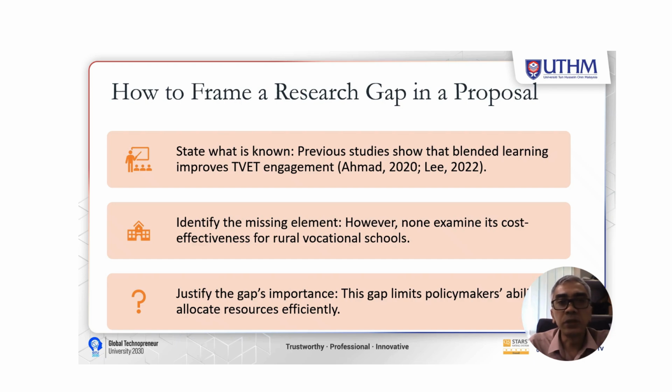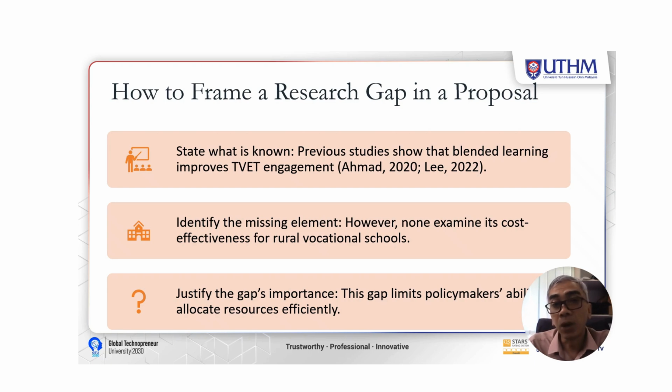Now, let's focus on the research gap. A research gap is defined as something unexplored, under-examined, or unresolved in the literature. But more importantly, it must be meaningful. For example, we may already know that online learning platforms are widely used. That is what we know.